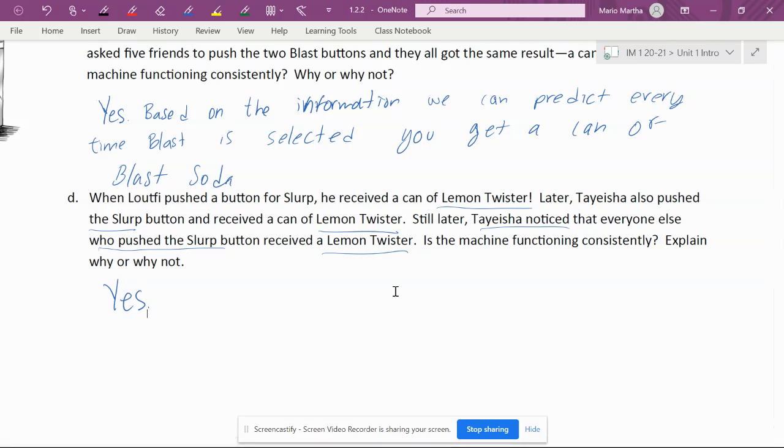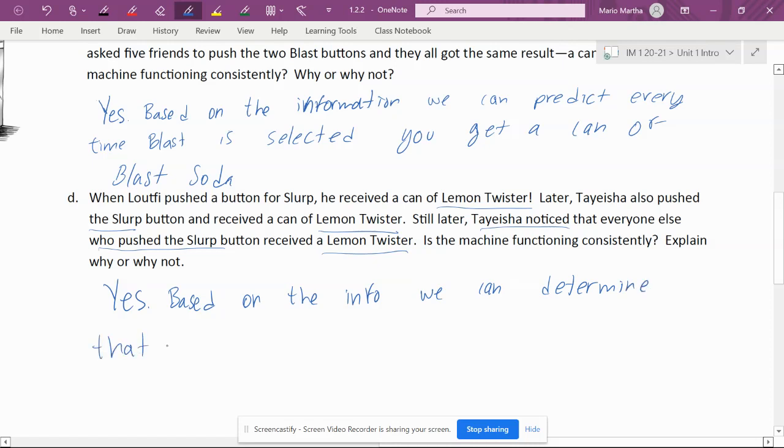But based on the information, we can determine that every time we push the Slurp button, you get a can of Lemon Twister.